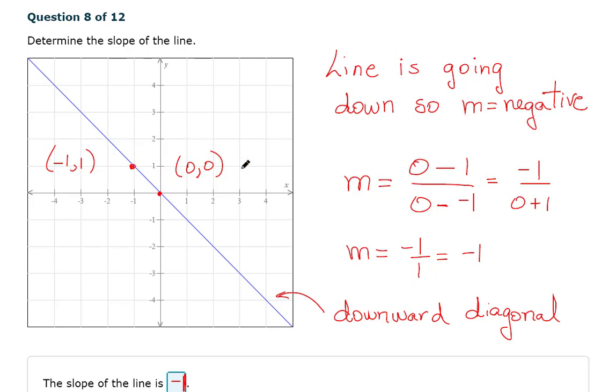So again, I can use my 2 points to find the slope, or you could think of this as going this way 1 and down by 1. And so the slope is -1, and it is the downward diagonal line.